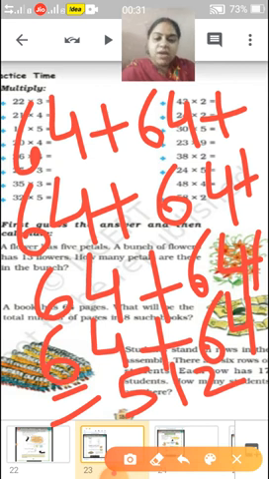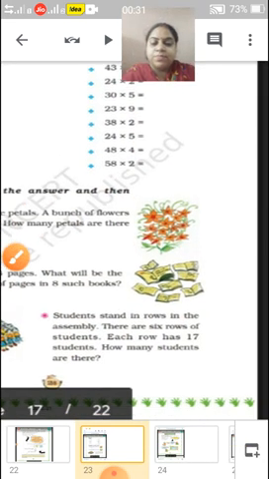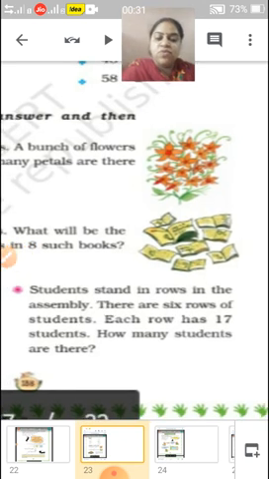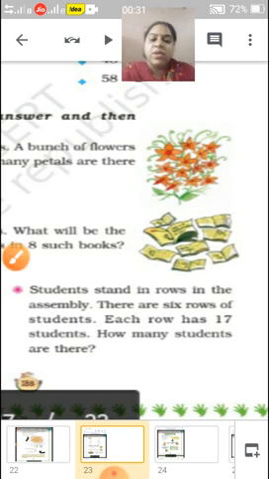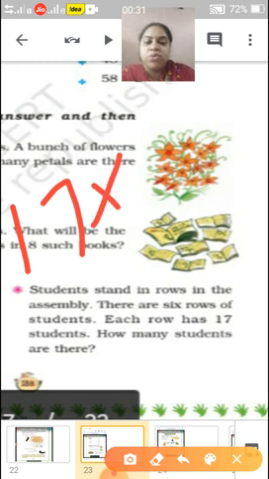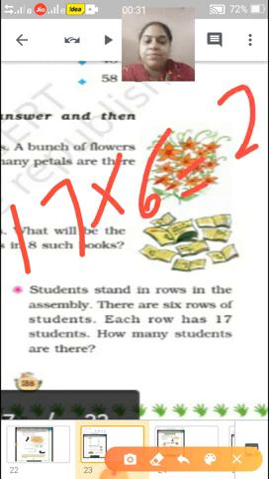Students stand in a row. In the assembly there are 6 rows of students. Each row has 17 students. How many students are there? Children, students stand in rows. That means 17 into 6. Okay, that means 102.